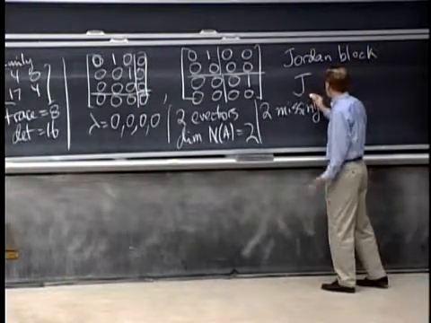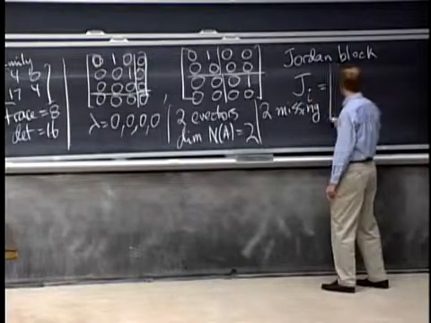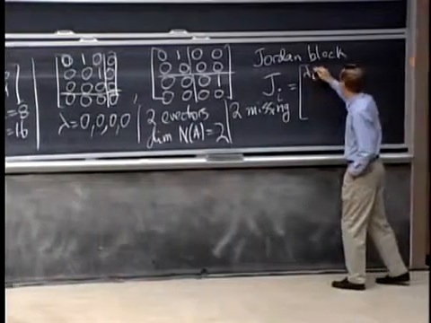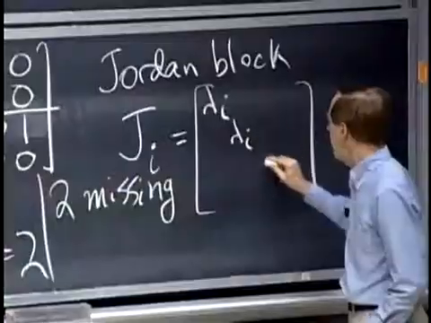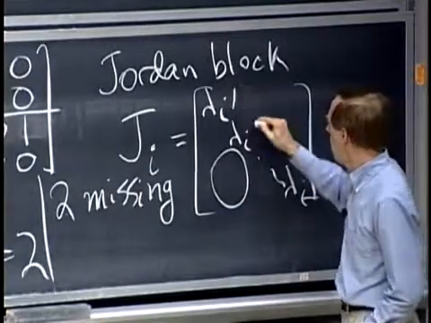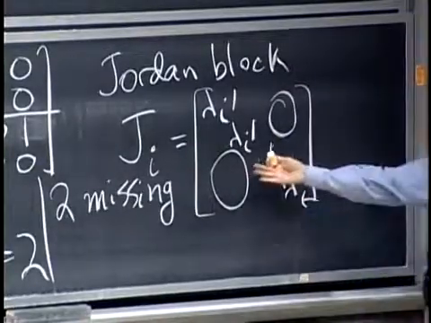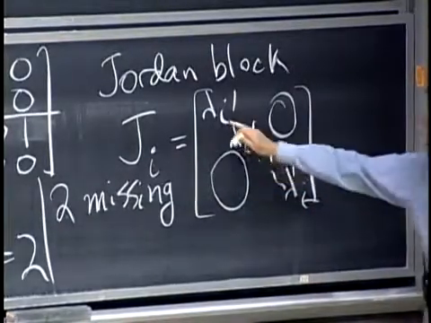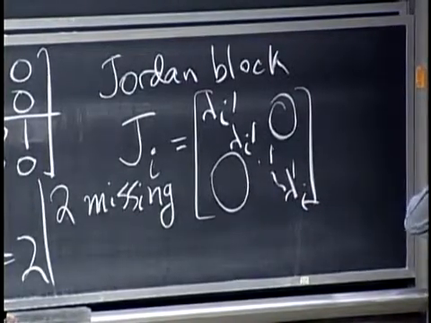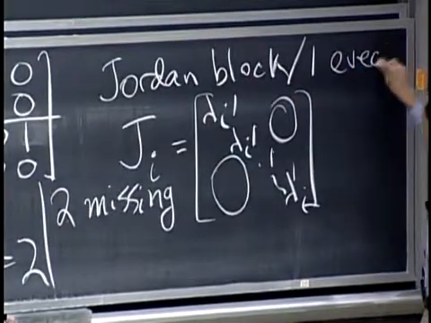A Jordan block J_i has a repeated eigenvalue, lambda_i, on the diagonal, zeros below and ones above. So there's a block with this eigenvalue repeated, but it only has one eigenvector. So a Jordan block has one eigenvector only.